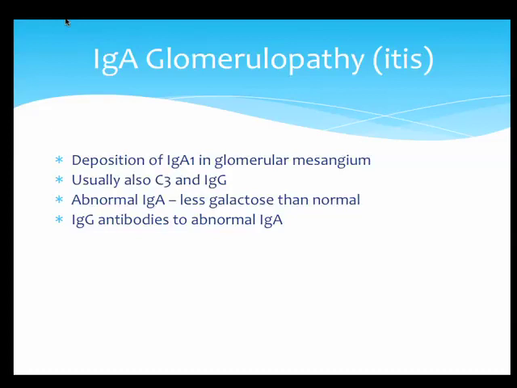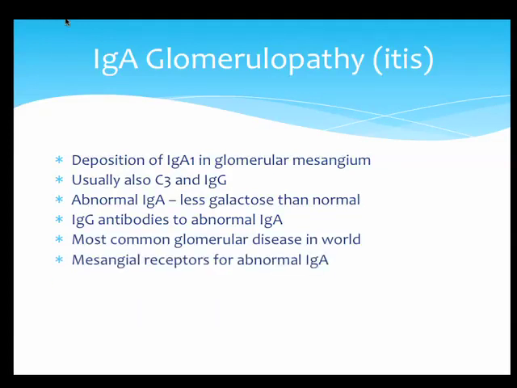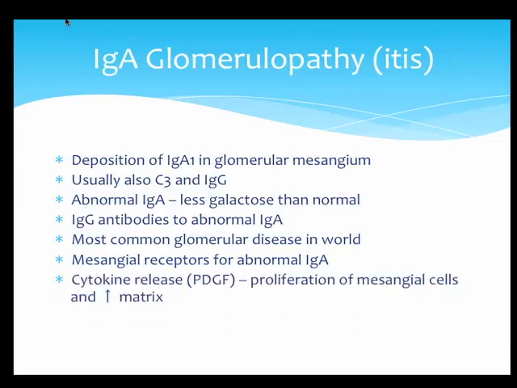Therefore, this is an immune complex autoimmune disease process. There are receptors in the mesangial areas that can bind to this abnormal IgA, so not only is it a circulating immune complex disease, but it also results in abnormal IgA being deposited in the mesangium without there being any IgG in the complex.